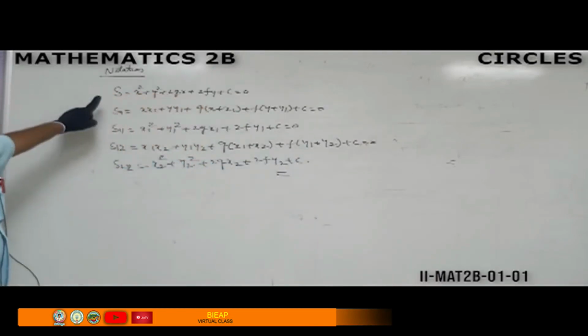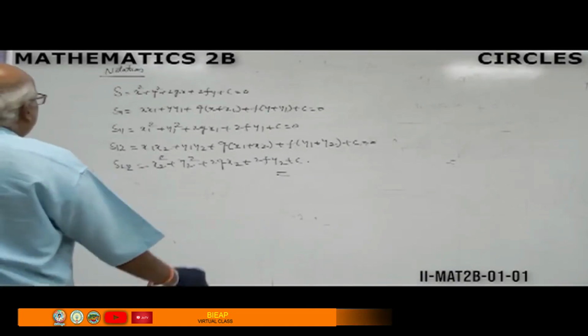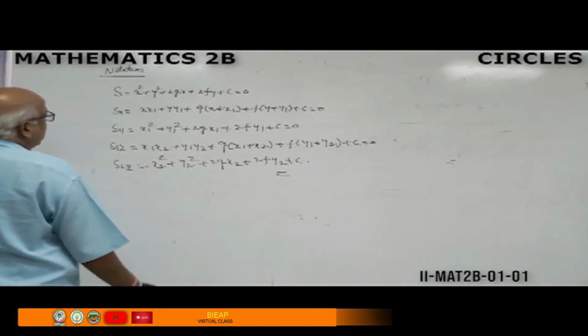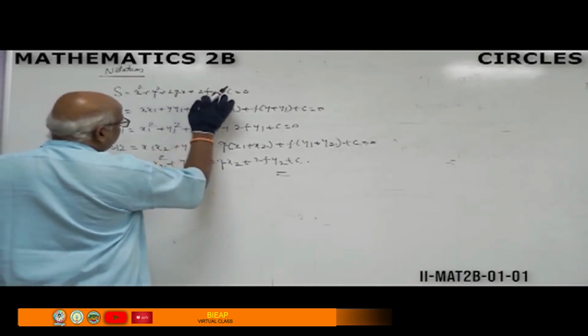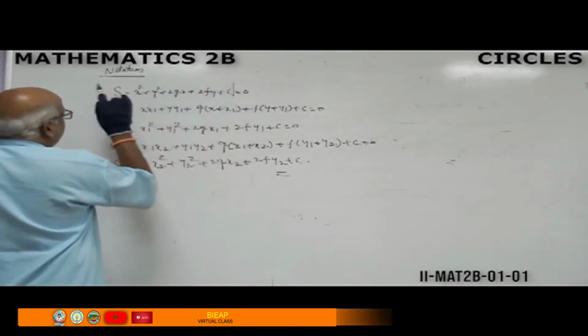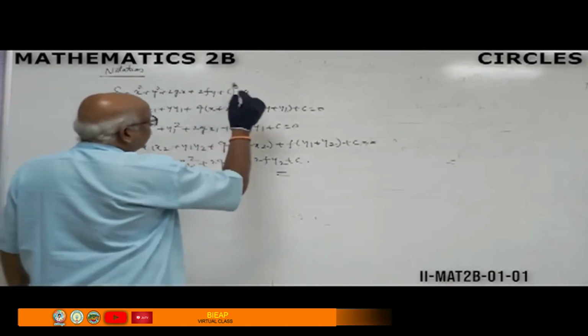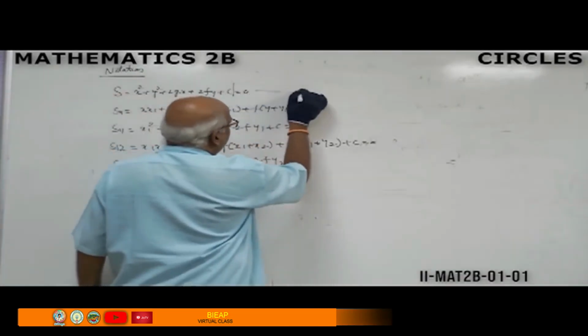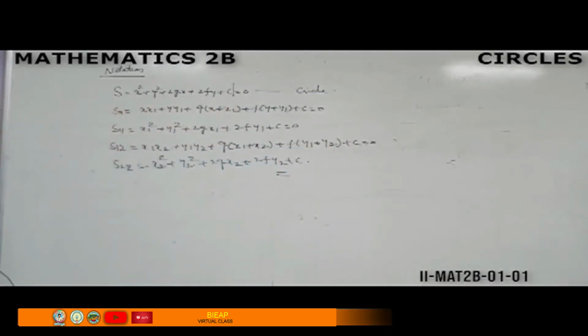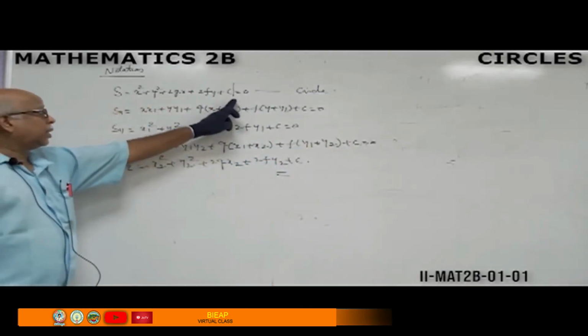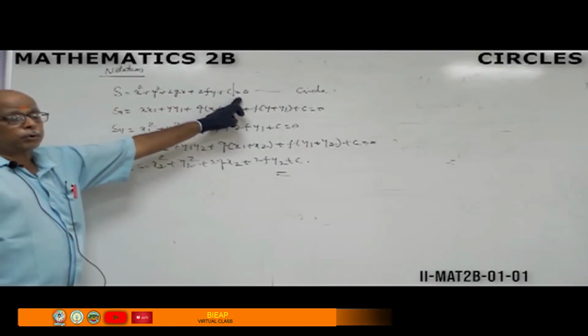These five equations we will name as notation. Of course, x square plus y square plus 2gx plus 2fy plus c will be denoted by S. You have to remember that point: always you need to put equal to 0.